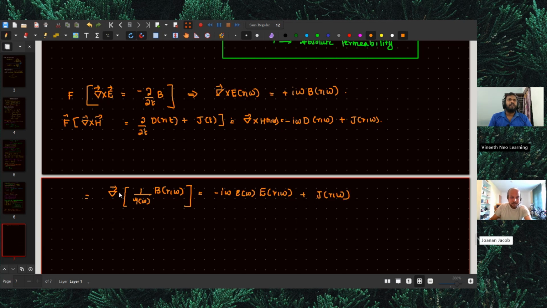Now on rearranging, we will get del cross B of r, omega is equal to negative i omega mu of omega epsilon of omega into E of r, omega plus J of r, omega.